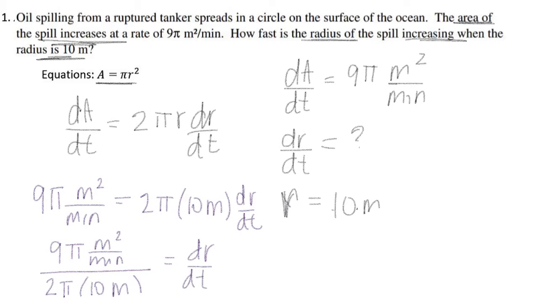So notice that the pi's will cancel, and let's see, one of these meters will cancel. So it looks like dr dt, or the rate of change of the radius, is going to be 9 over 20. And let's see, meters per minute.